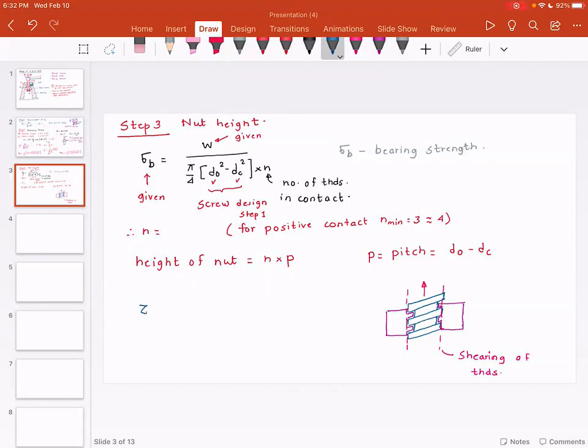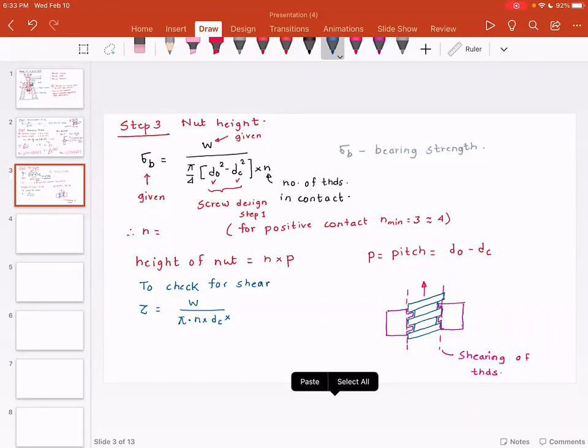So, to check for shear, tau is equal to W divided by pi times N times DC, multiplied by the number of threads in contact.